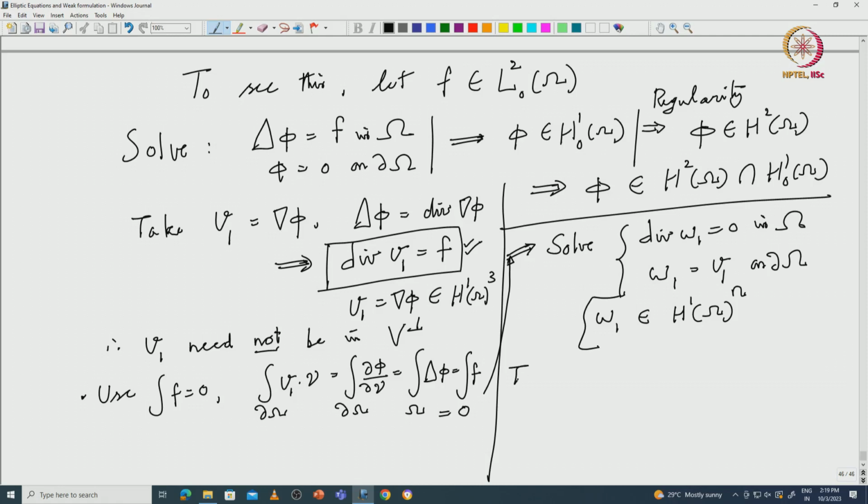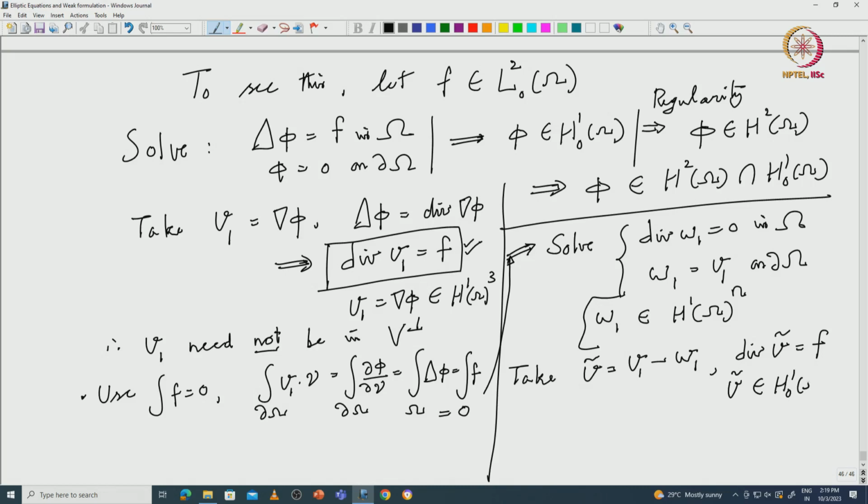Now you take V tilde equal to V1 minus W1, because you are only removing a divergence free vector. You get divergence of V tilde equal to f, and V tilde is in H1 naught of omega cubed.